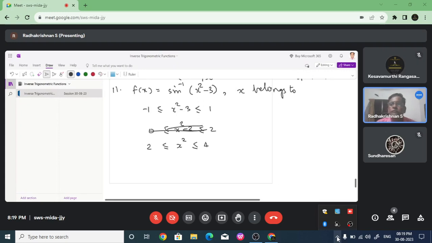So which option did you choose? Mod x will range from √2 to 2, so x can be from -2 to -√2 union √2 to 2, both inclusive. -2 to minus √2 and √2 to 2.